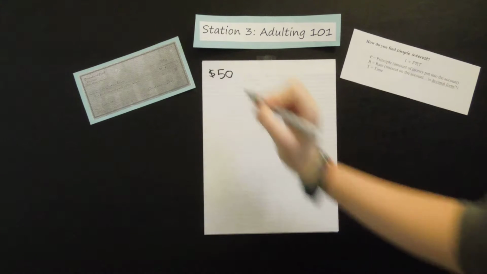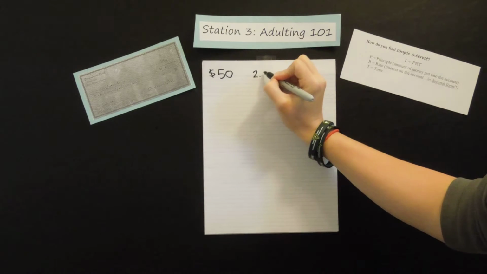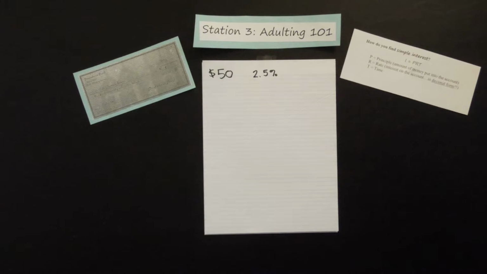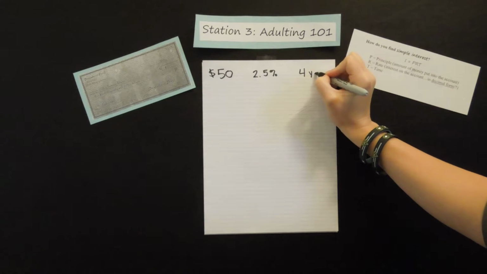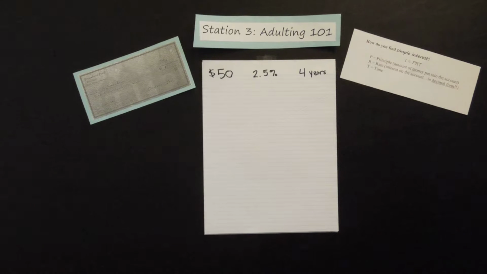My check is worth $50, and it will be in an account that has an interest rate of 2.5%, which means that every year I'm going to gain 2.5% extra money from my account. And it will be in that account for 4 years. So these are the circumstances of my bank account.